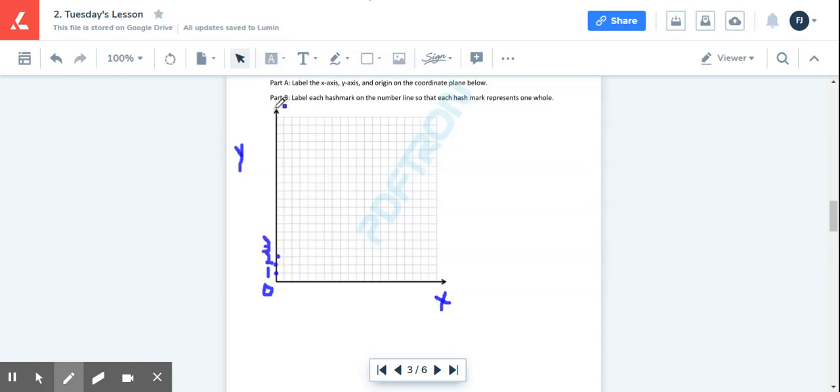And so on and so forth. And when I get to the last hash mark, that would be 24. And the same would be for the x-axis.